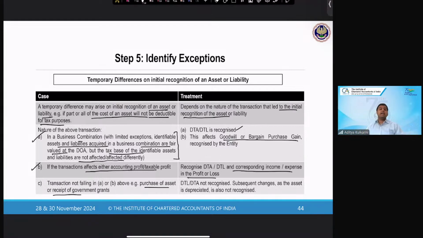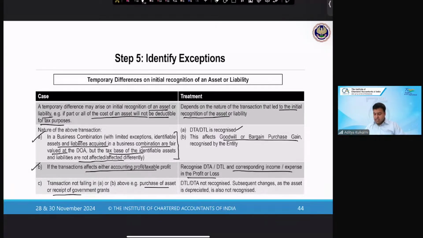Okay, so what they are trying to say is when you do a business combination, you typically end up doing a fair valuation exercise of assets and liabilities taken over. But from a tax perspective, the tax base of the identifiable assets which we have taken over, they are not affected.